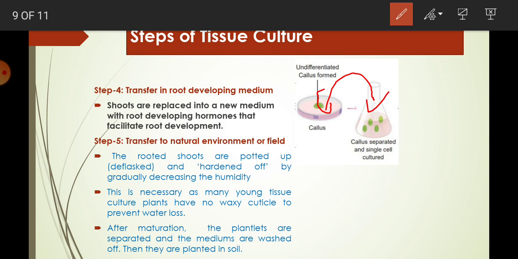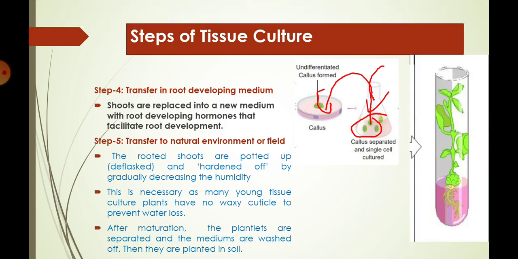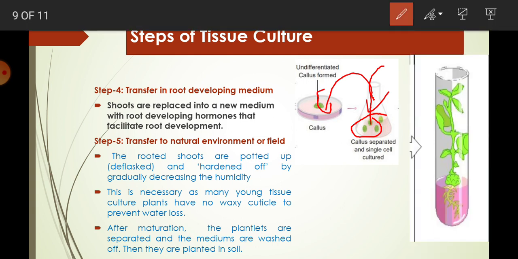But if there are no roots in this medium, then a new medium will be made, in which there will be root developing hormones, and the callus from here will be transferred to the new medium.